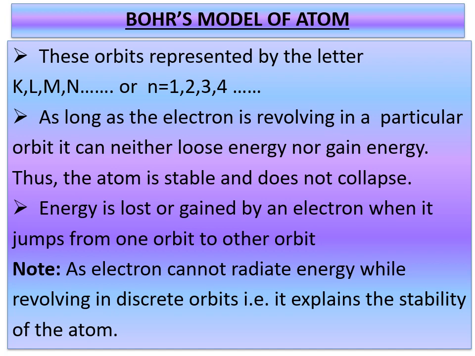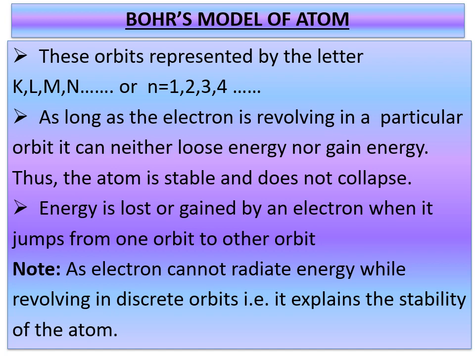In the next part of our lesson, it is very much important. That's why don't learn for exam's sake; you have to remember it for the content. As long as the electron is revolving in a particular orbit, it can neither lose energy nor gain energy. That means the atom is stable and does not collapse.